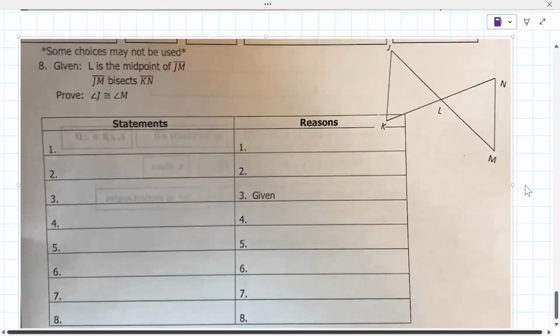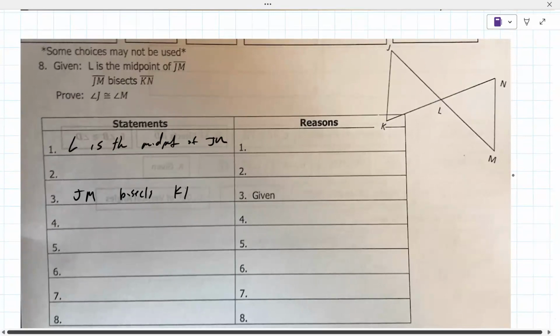We'll just keep going in order here. Probably finish this one. So it's always a good idea to kind of throw all the givens on there. But you don't necessarily have to, because on this one the instructor uses the given. L is the midpoint of JM.